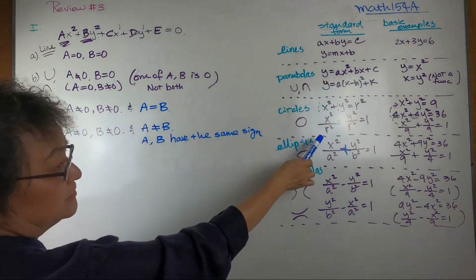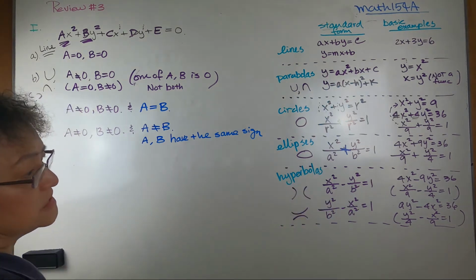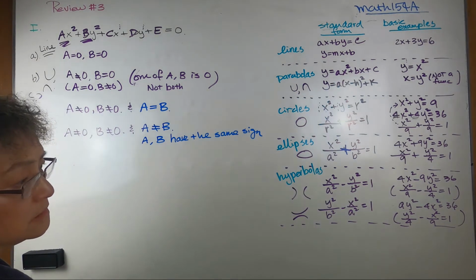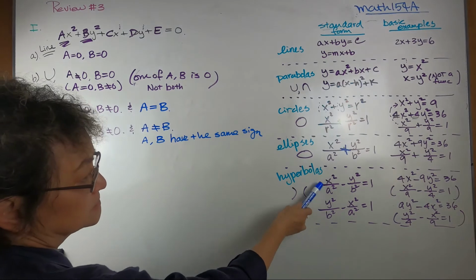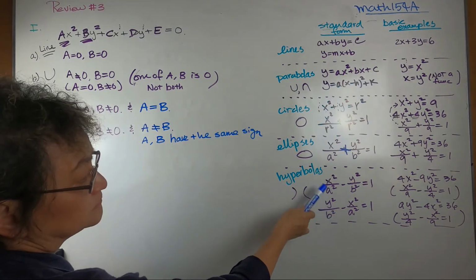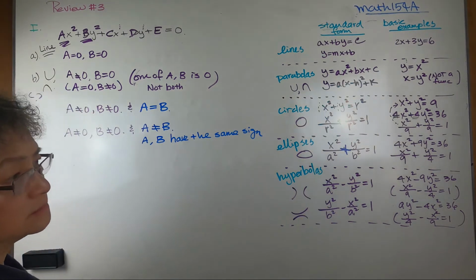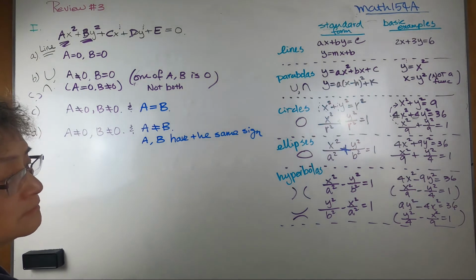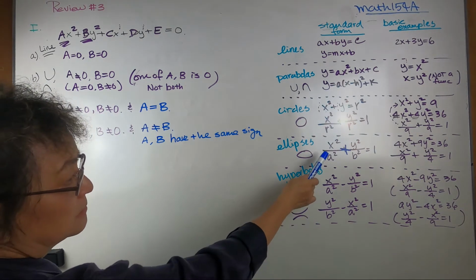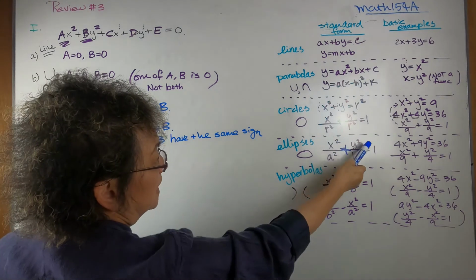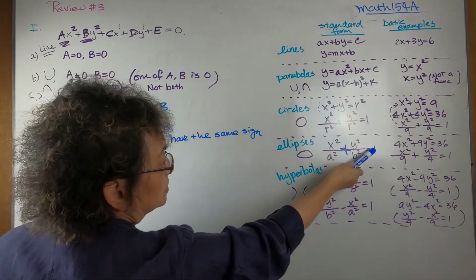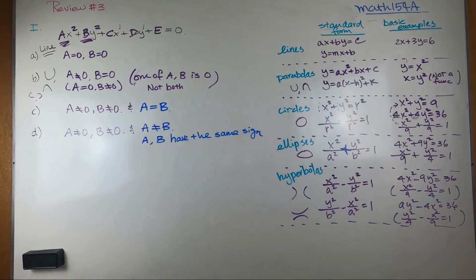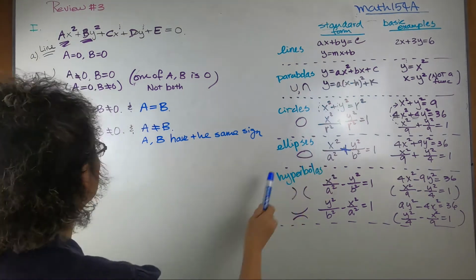If they have different signs, one is positive, one is negative, then it becomes what? A hyperbola, right? If both are negative, you can just divide by a negative number and find out, so you end up still with plus here.